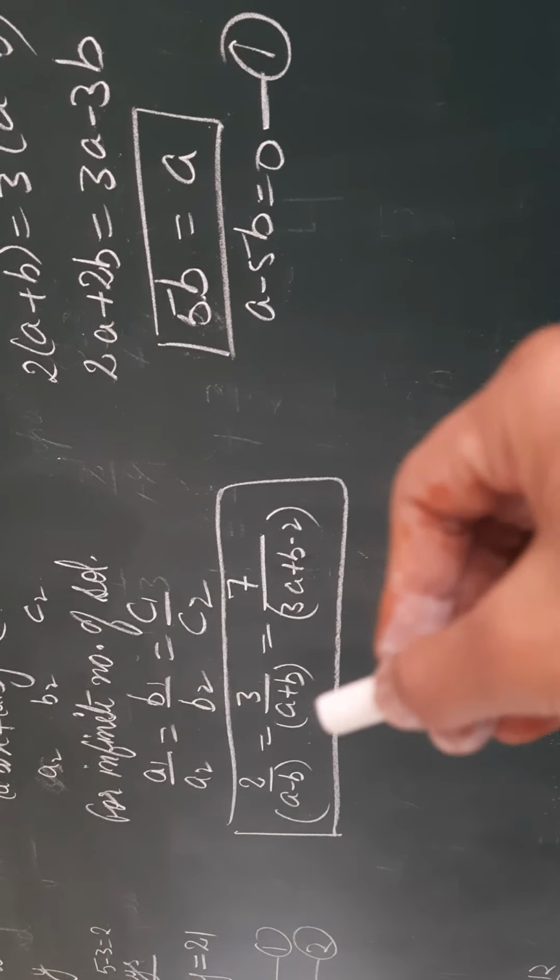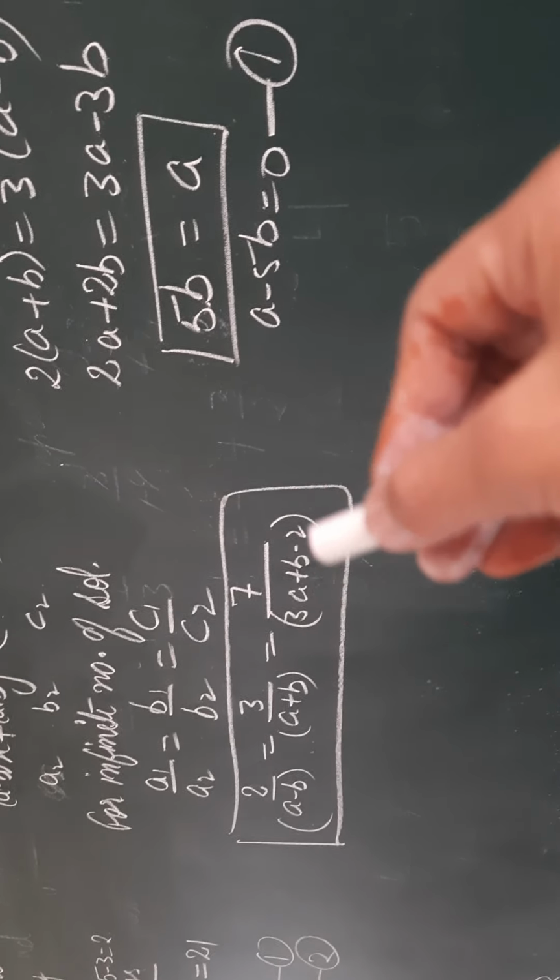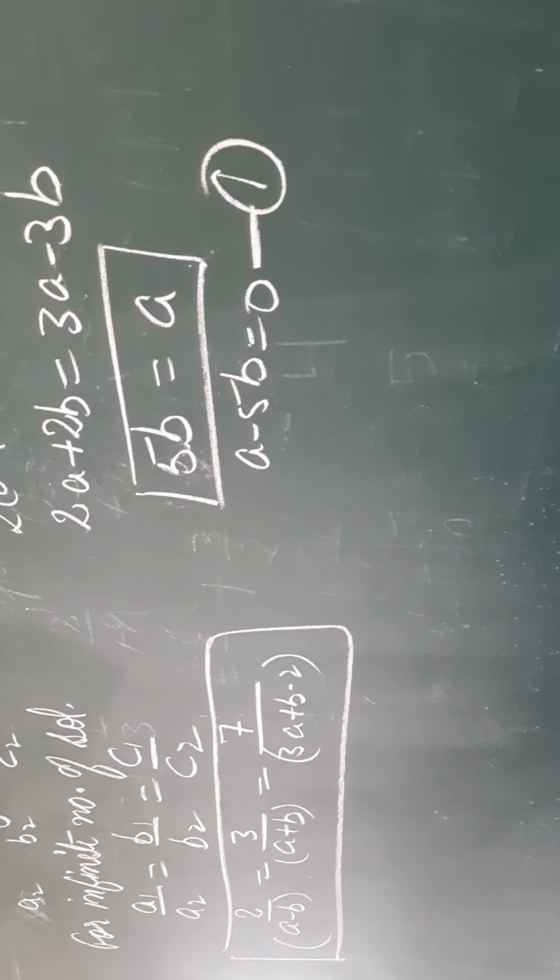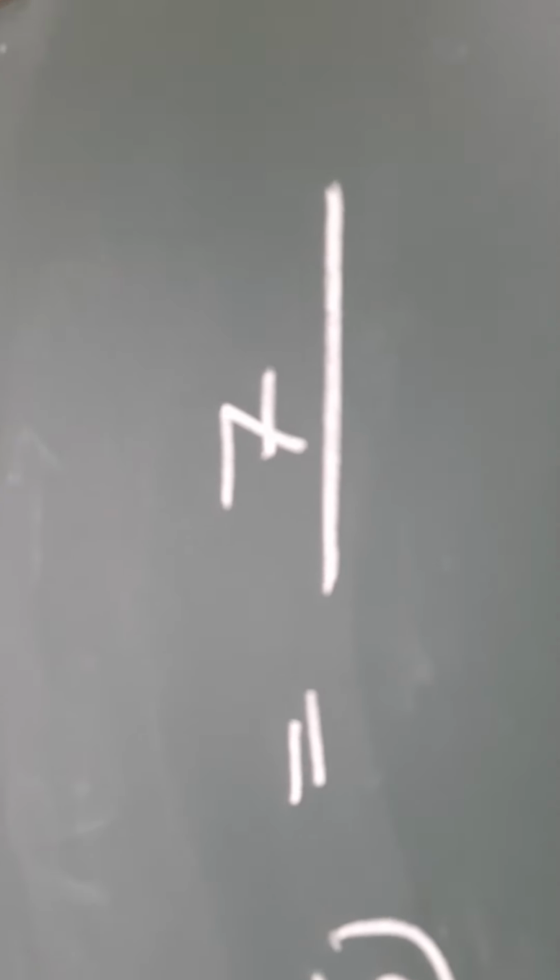Now we will compare the second two ratios to get the second equation. So we'll write 3 by a plus b is equal to 7 by 3a plus b minus 2, right?